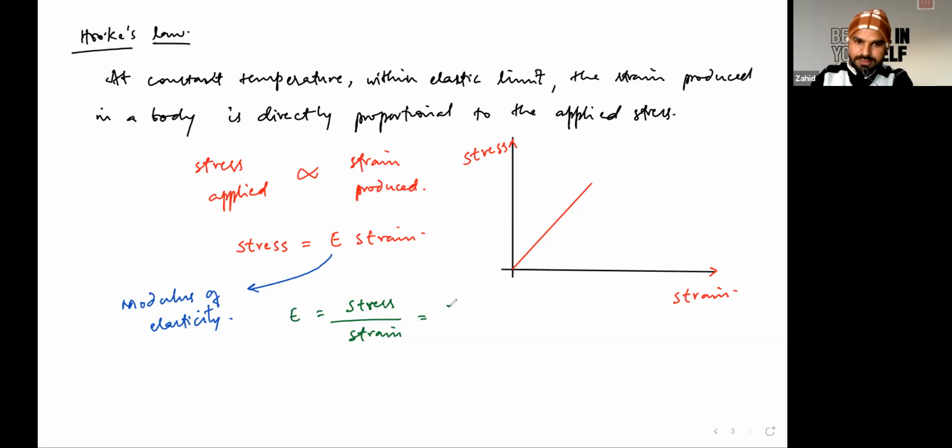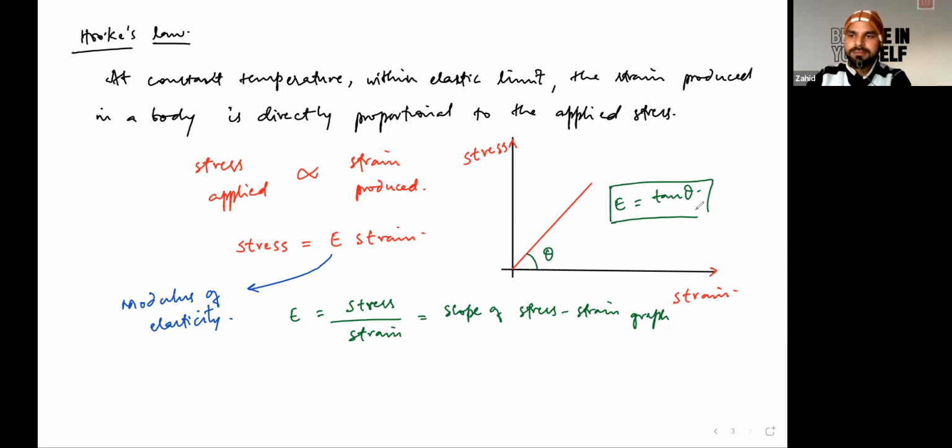So you can say this is the slope of the stress strain graph. Let's say this particular line is inclined at some angle theta. So if you take tan theta, which is the slope of this particular line, it will be equivalent to E. Is it clear? Yes, sir.